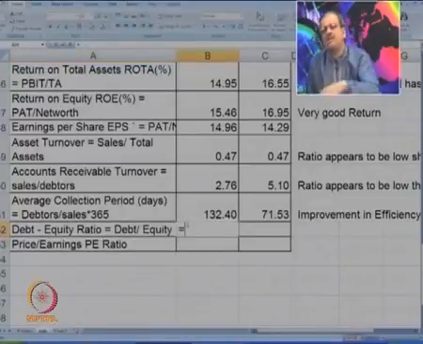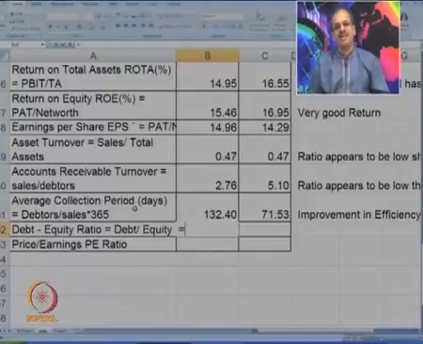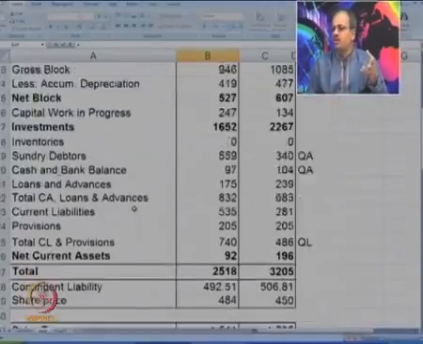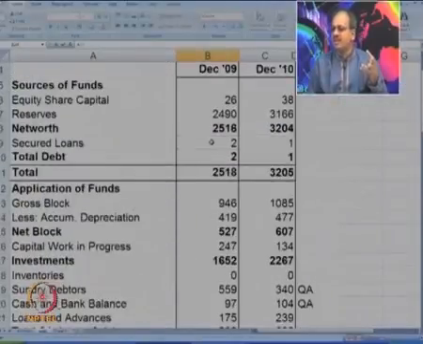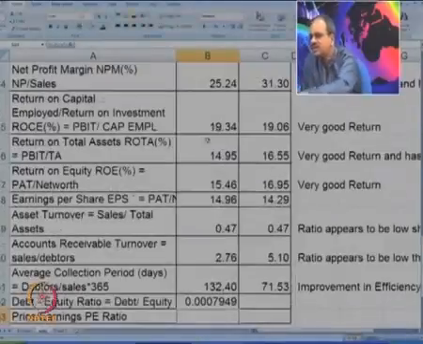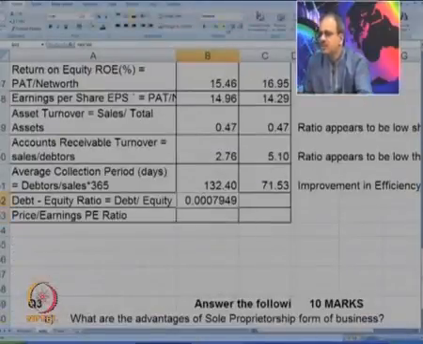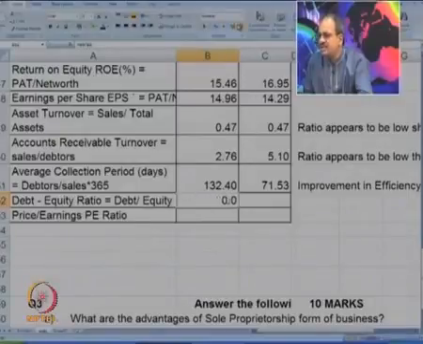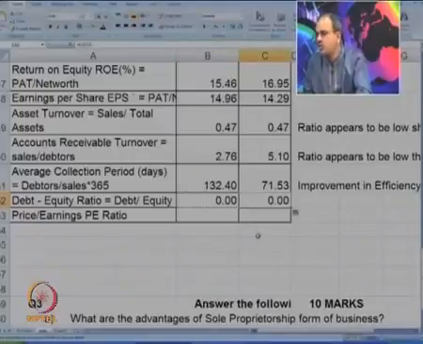What will be the formula? Can anyone guess? It is going to be almost 0, because if you remember, for this company debt is nearly 0 versus the net worth. So, you can see how low it is. In the current year also it is going to be 0.